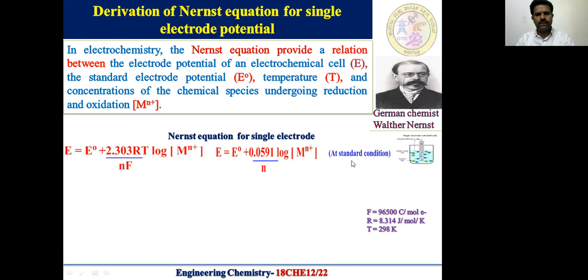Under standard conditions, if we substitute the constant values, Faraday's constant 96,500 coulombs per mole of electrons, and universal gas constant R equal to 8.314 joules per mole per Kelvin, and the temperature 298 Kelvin, then the Nernst equation becomes E is equal to E naught plus 0.0591 divided by n log of the concentration of M n plus.